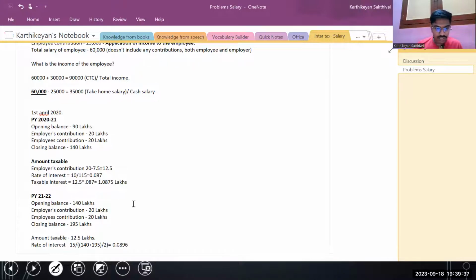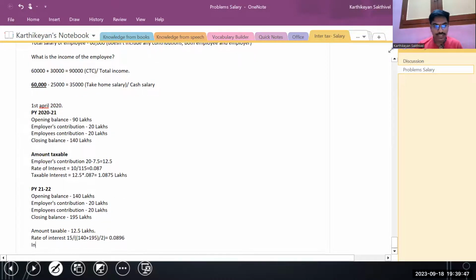Yes. So 0.0896 for other. Correct? Yes, sir. So it is somewhere right, I guess. So what is the interest which is taxable? Is the question. What is the taxable interest? 12.5 into this amount. Correct? அவ்வளவுதான்ல?